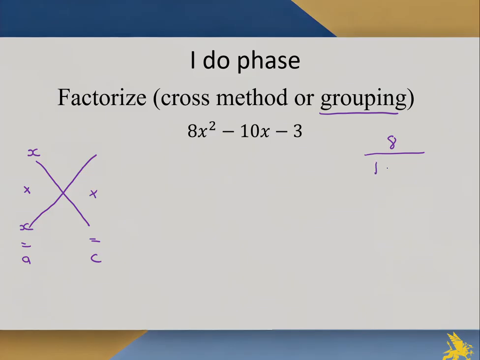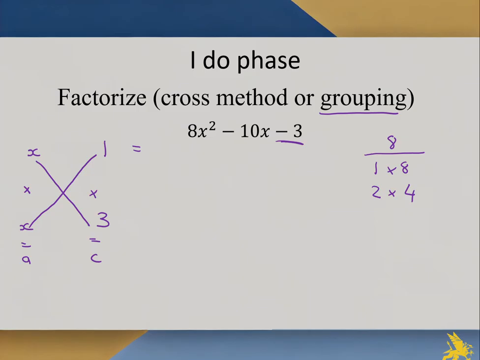We could have 1 times 8, or we could have 2 times 4. Both of those could be used. But let's just check. If I go to C, two numbers that times together to equal C, well, we've got a negative there. So be mindful of that. But we also do know that it has to only be 1 and 3, and one of those is negative.